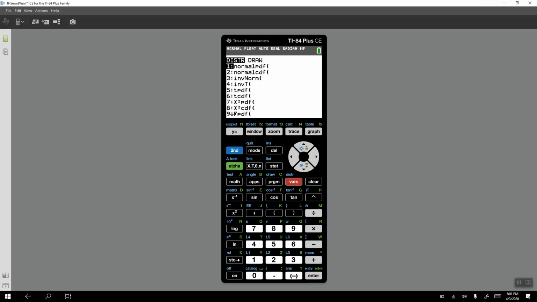Second, normal CDF. Here we are, distribution. Now I said I wanted the bounds to be -1 and 1. Mean and standard deviation are 0, so there's the first one. Let's press enter. Look at that, 0.68. As a percentage, what would that be? 68%?